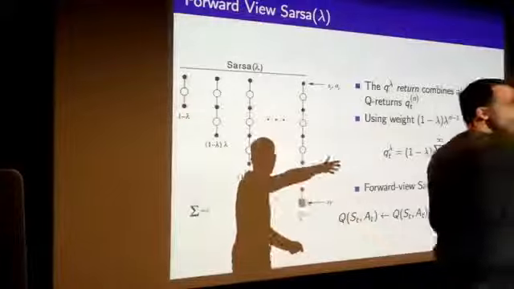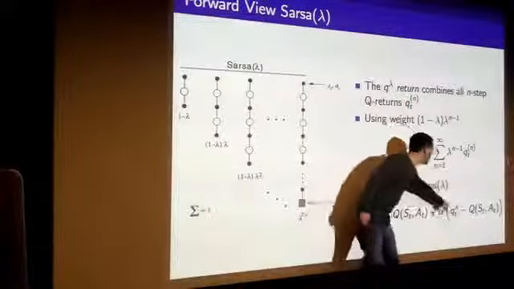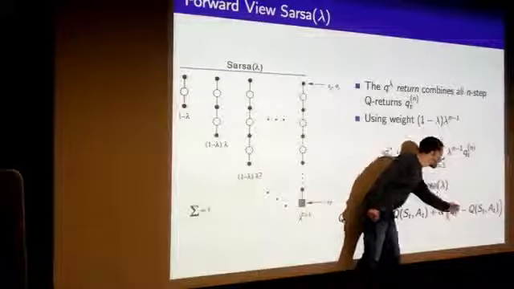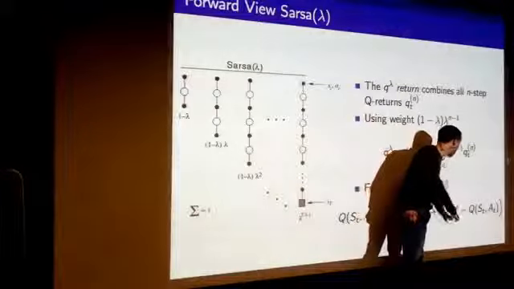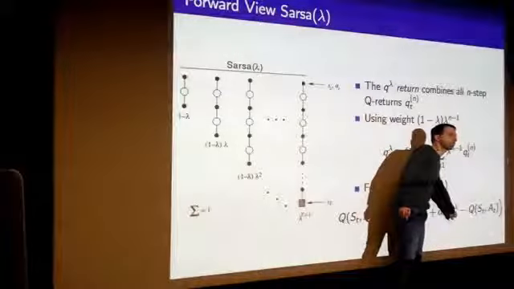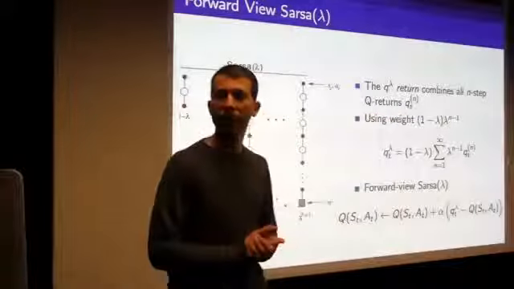We're going to weigh all of these things together, all the way up to n equals infinity. That gives us our Q lambda, and we're going to make that our target, and update our original Q value a little bit in the direction of that target. Okay, so that's the idea of Sarsa lambda.